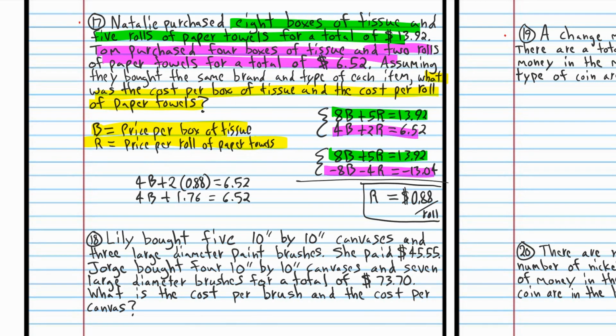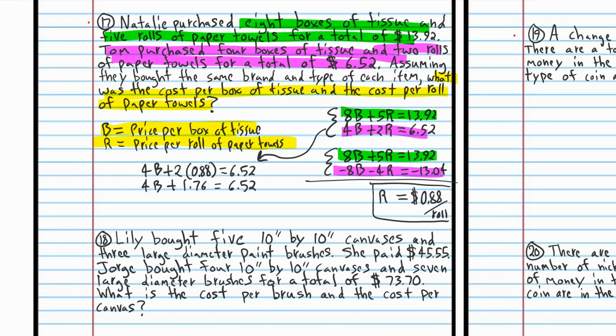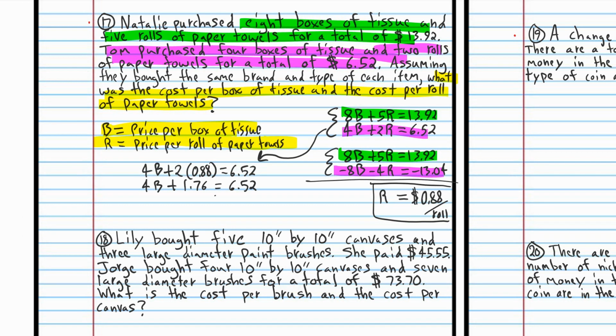So it's no different from the other two-step equations we're doing. We just have to use decimals. So subtract 1.76 from both sides. And then divide both sides by 4. You get 1.19.